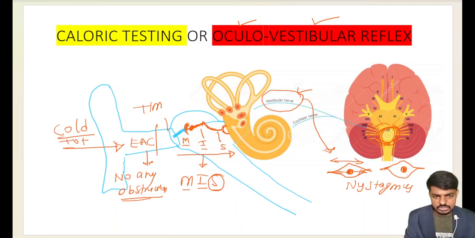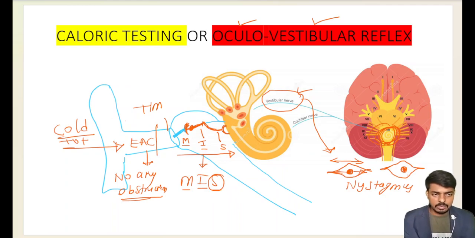If there is any obstruction here, the cold or hot water will not stimulate the tympanic membrane and will not reach the vestibular nerve, so the result will be false. Because of that, before doing the caloric testing or oculovestibular reflex, make sure our external auditory canal is clear, with no obstruction. That is very important.